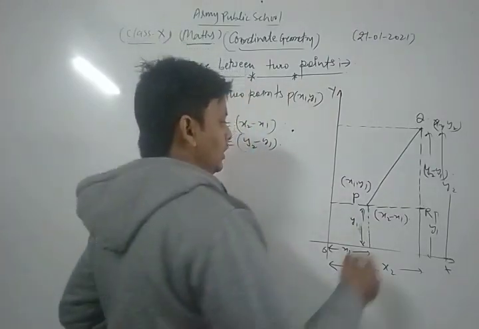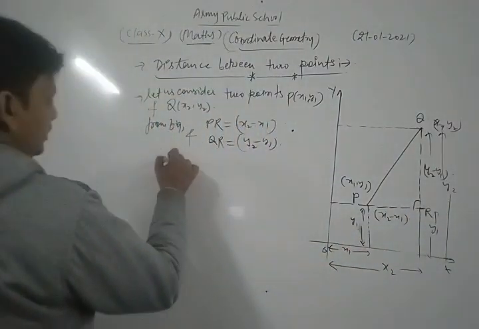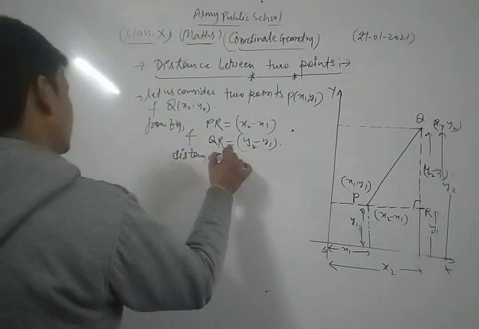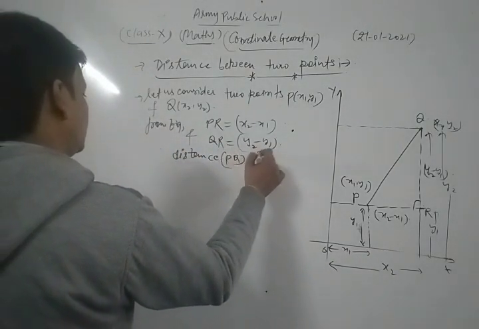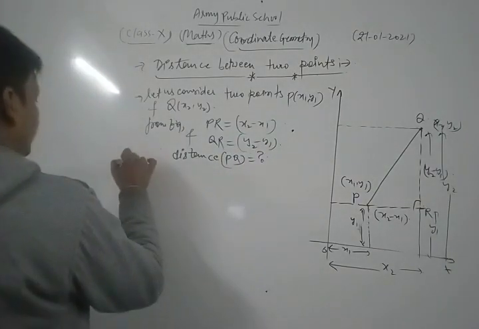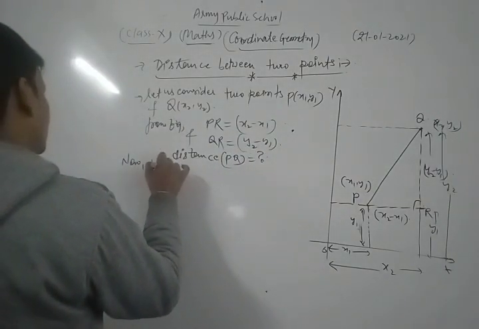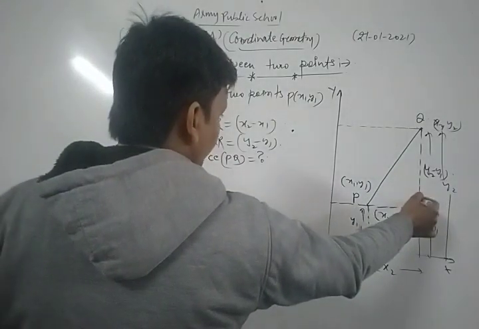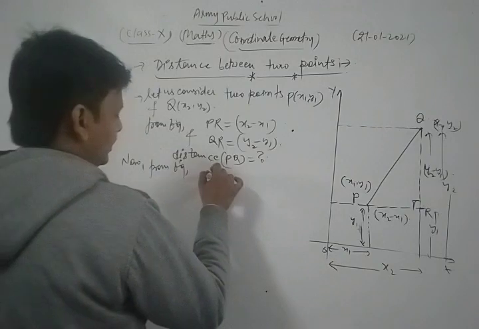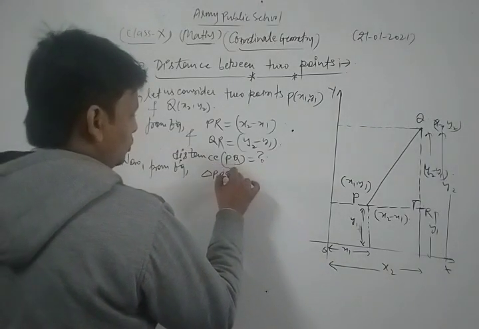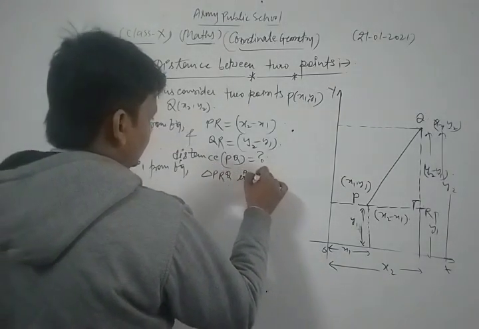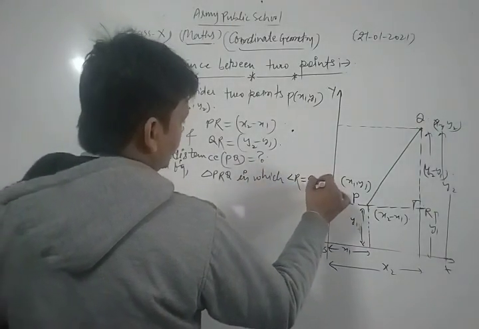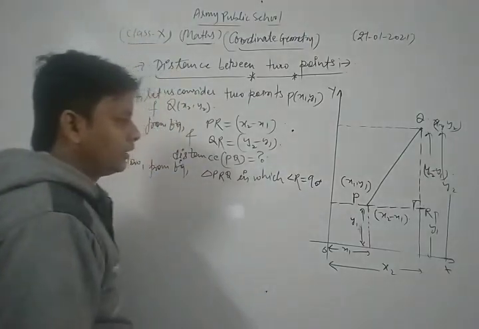Now from the figure, this is triangle PRQ, in which angle R is 90 degrees.